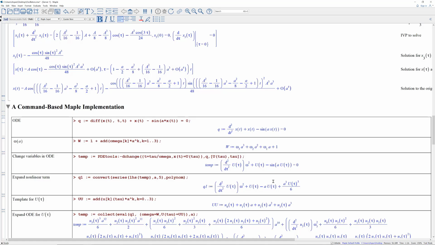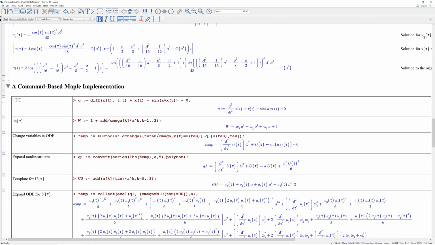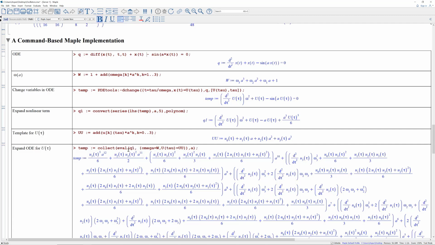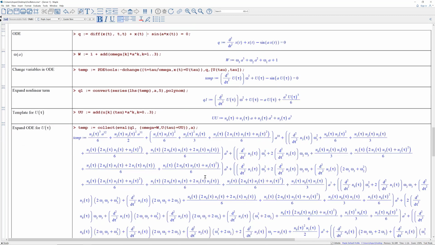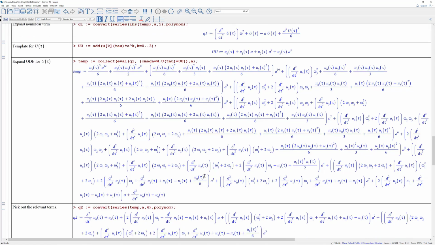So the sine expands, you get these first two terms of the sine expansion. This is the series representation of the solution in terms of tau, so U0, U1, etc. You plug everything in, and you're going to get this big expression way up to the 12th power.